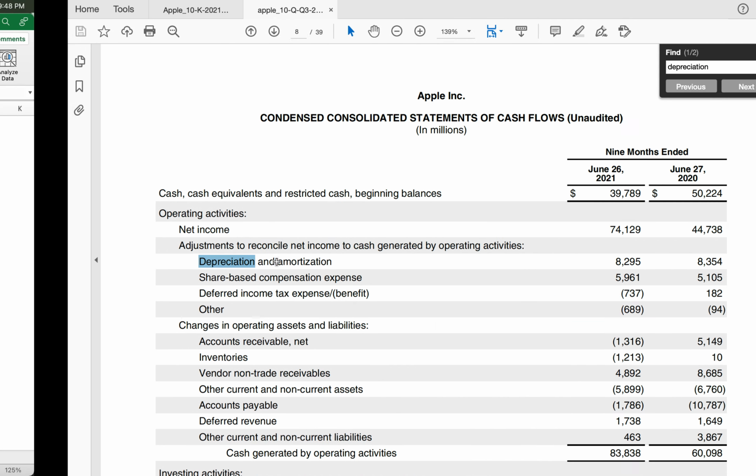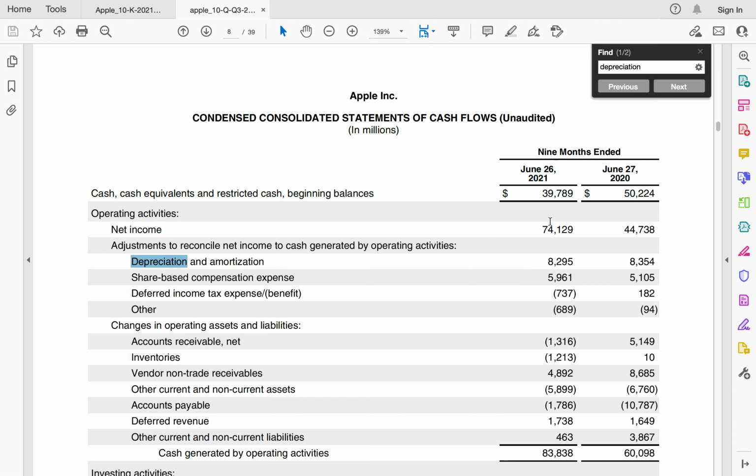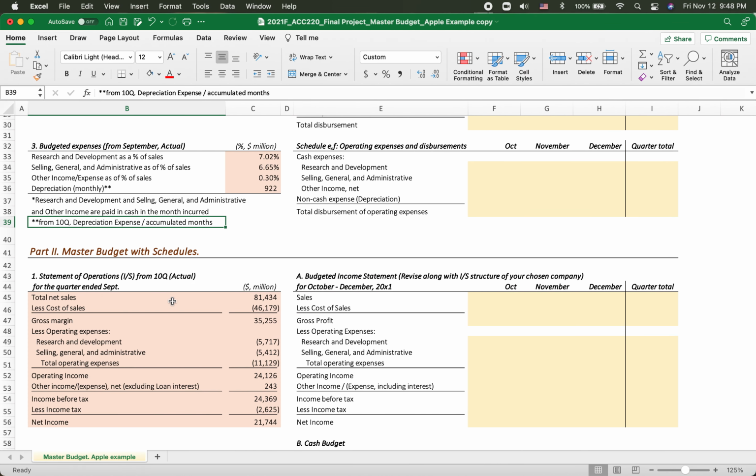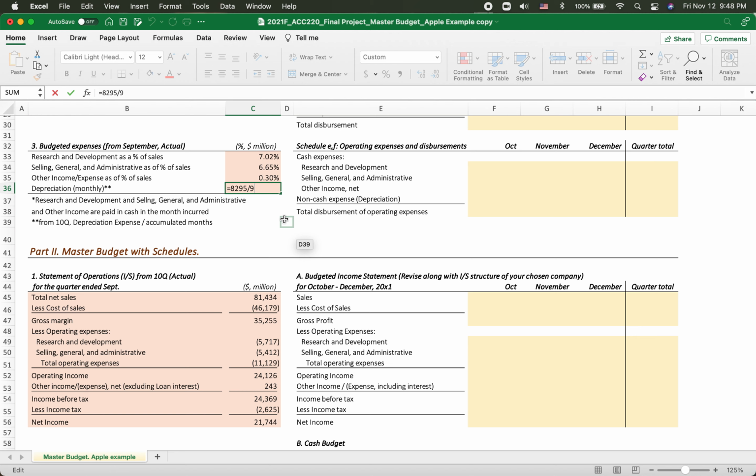And then I found that this depreciation is actually for the 9 months ended. That means this depreciation is accumulated for 9 months. So we have to divide by 9 in this Apple case. 8,295 divided by 9 months, so that I got the depreciation on a monthly basis.